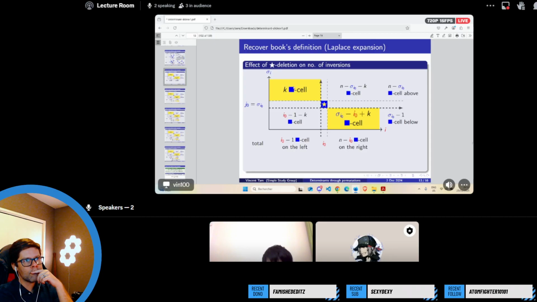So that means there are K blue cells on the left and above this star. Here we do some basic counting arithmetic, and we count every number here.